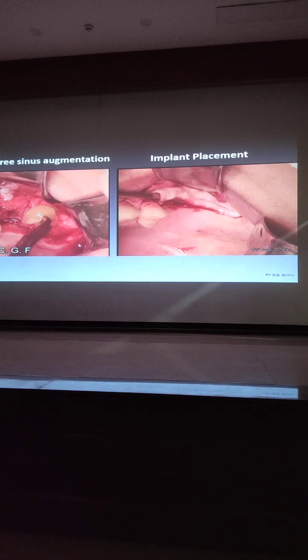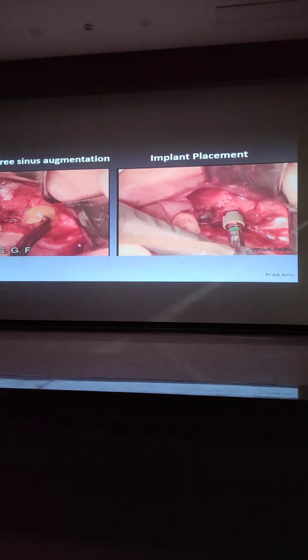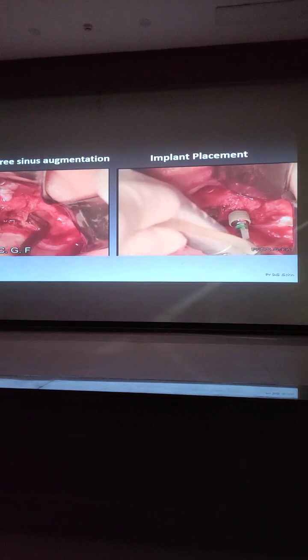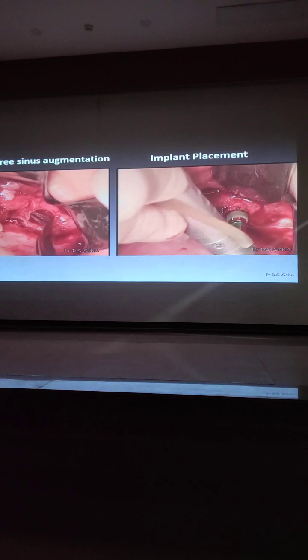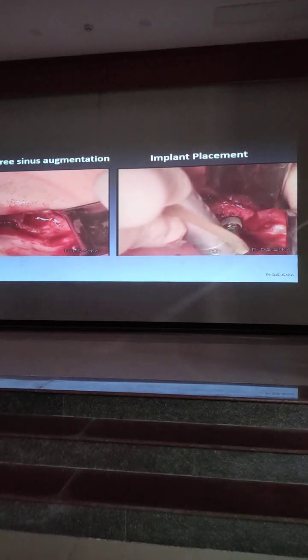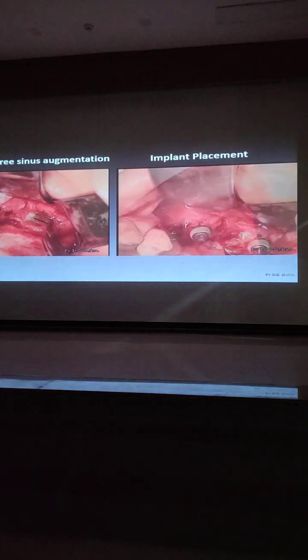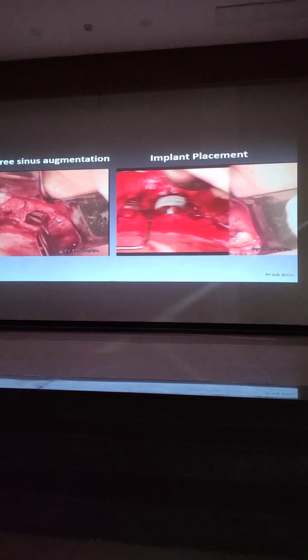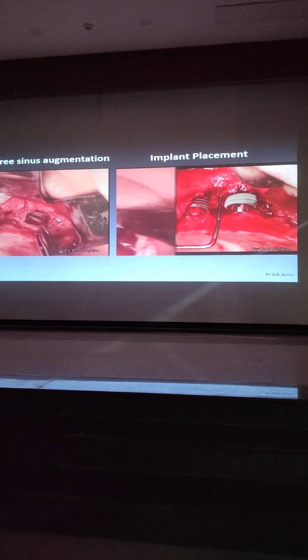Eventually, and CGF membrane was placed. And then implants were placed at the same time. We need to do under osteotomy always to get stability of the implant. Now you can see there is about 6 mm vertical dimension in implants.